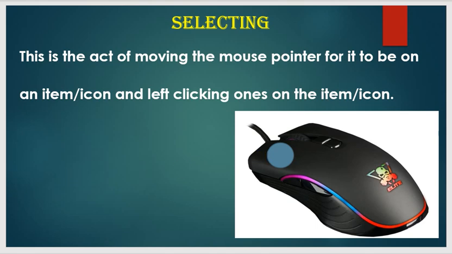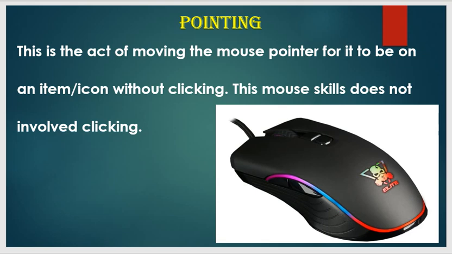And the next one, we have what we call pointing. Pointing is similar to selecting. The only difference is that with pointing, you don't click any of the mouse buttons. Pointing is the act of moving the mouse pointer onto an item or an icon without clicking. So with this particular mouse skill, there's no need for you to press any of the buttons.